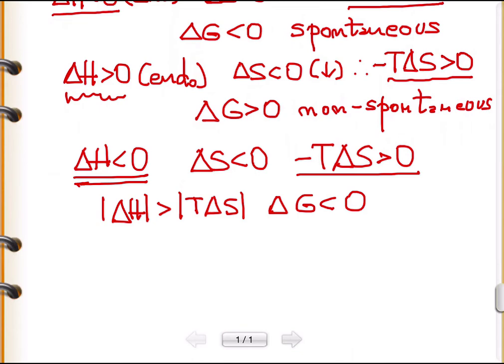This is a reaction that we call enthalpy driven. It means that even if the entropy is not favoring the reaction, the enthalpy is favoring the reaction.